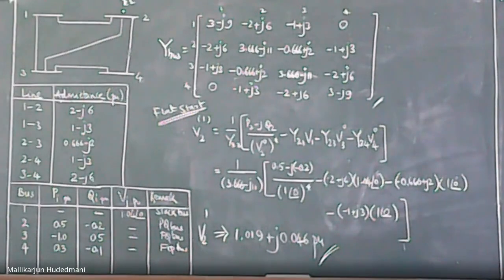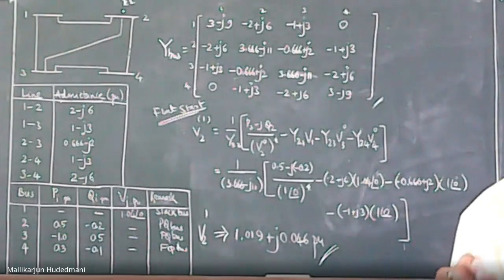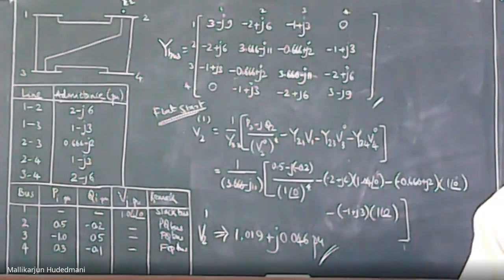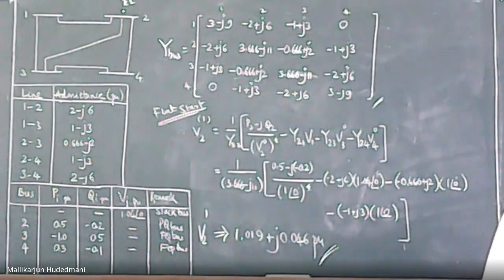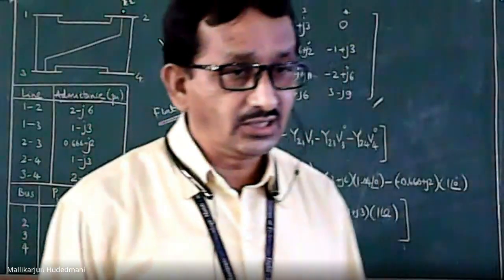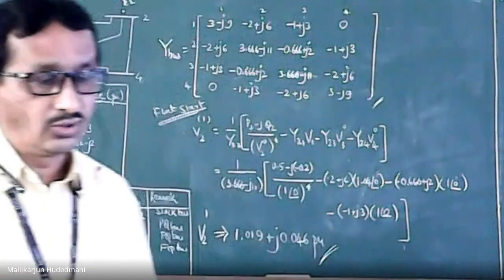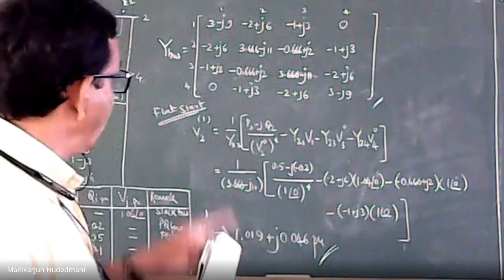Similar to this, looking at each bus, see how many transmission lines radiate from that bus to the rest of the buses, add the admittances of all those, and put it as a grand sum at the diagonal of that particular row. 2 cross 2 is the diagonal of bus number 2, 3 cross 3 is the diagonal pertaining to bus number 3, and likewise 4 cross 4, which you find on the board.